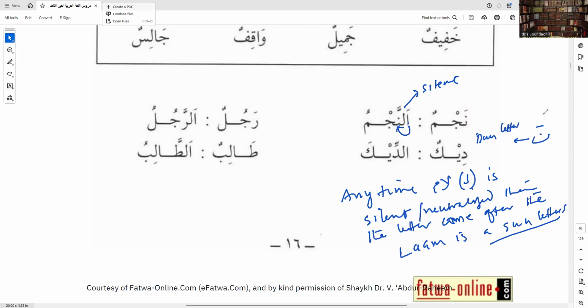But for now, what you need to know is that there is a time in Lughatul Arabiyya, in the Arabic language, where you have to say al, and then there's a time where you have to make the l silent. And if you make the l silent, then you say a, connect to the letter right after the lam, stress it with shadda, and say an-najmu, an-najmu. All right.